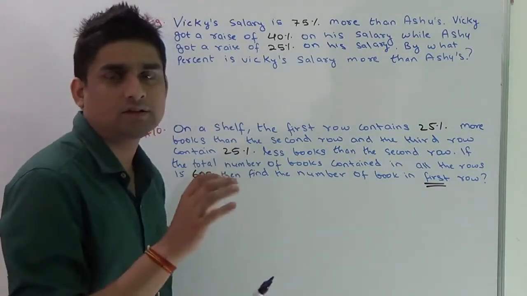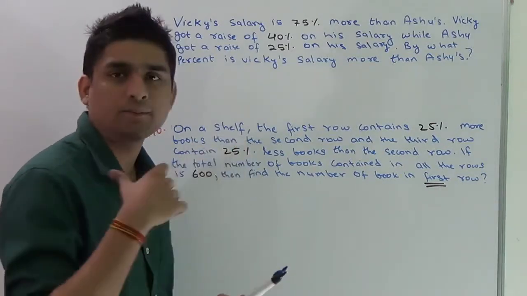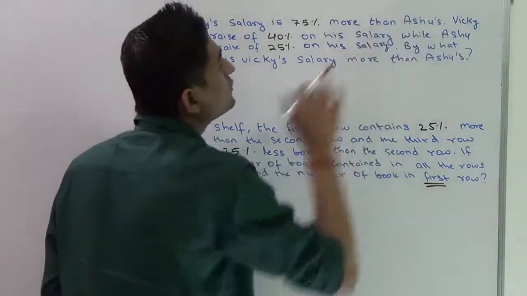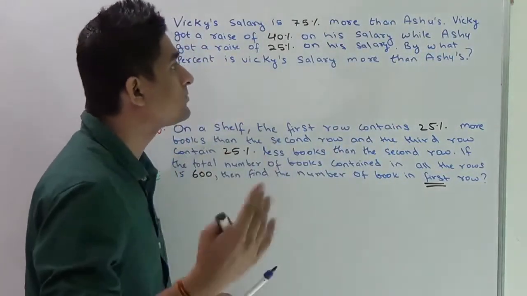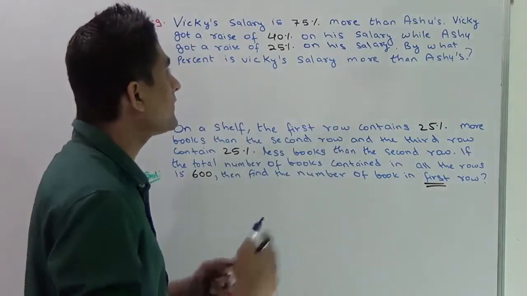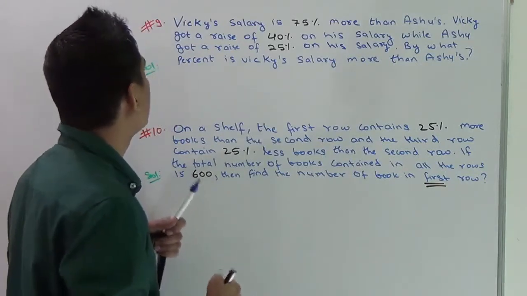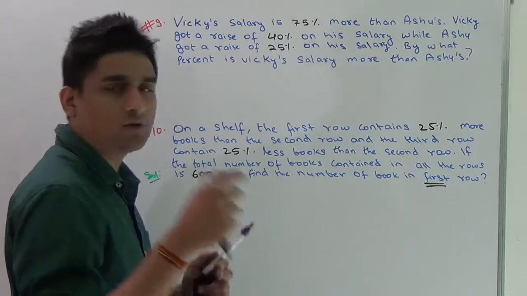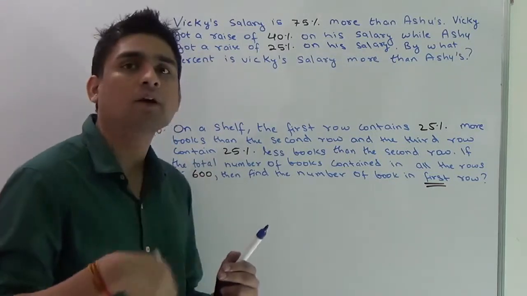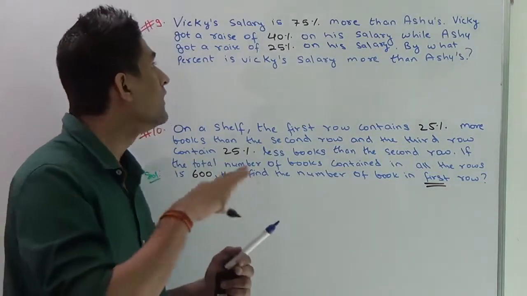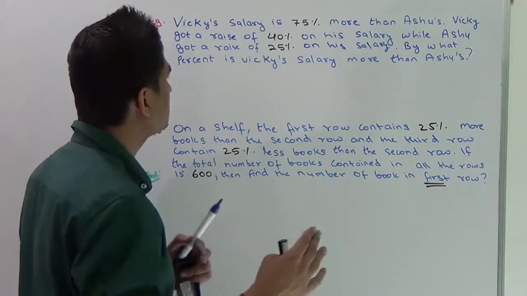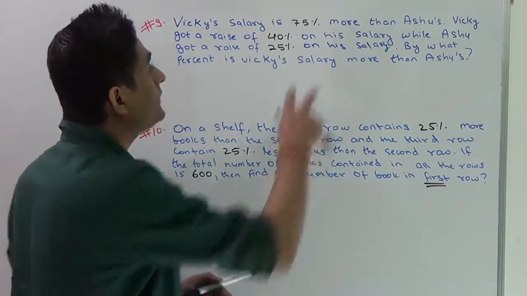The question says the salary of Vicky is 75% more than that of Ashu's salary. Here, that of Ashu's means with respect to that of Ashu's. Okay, this point is very important. Now Vicky's salary has risen by 40%. That means if his salary was 100 rupees, now it's 140 rupees because it has risen by 40%. Similarly, Ashu's salary has risen by 25% of his previous salary.